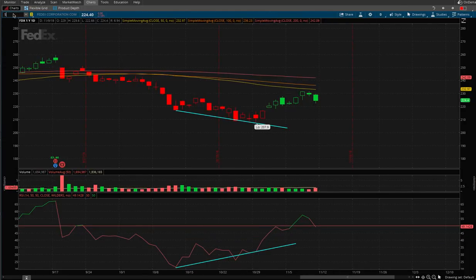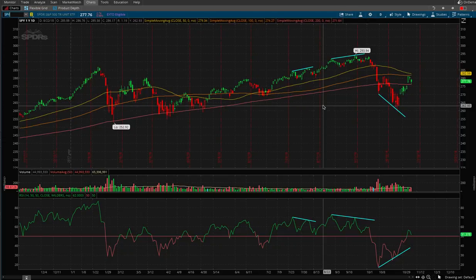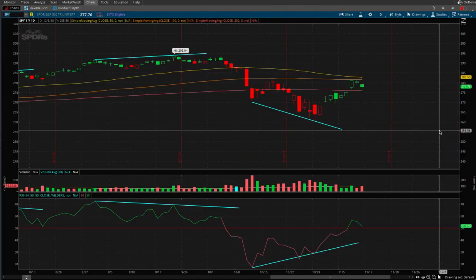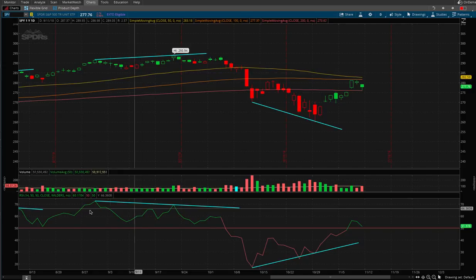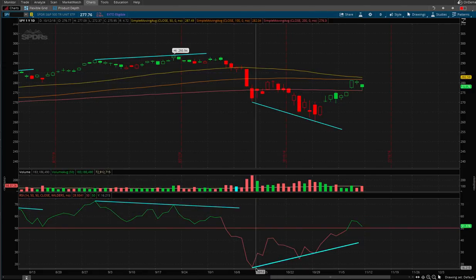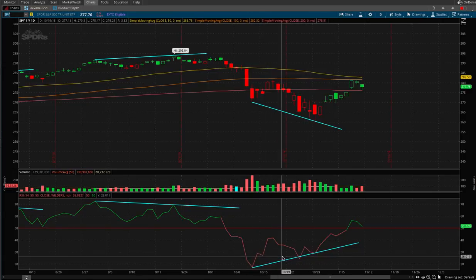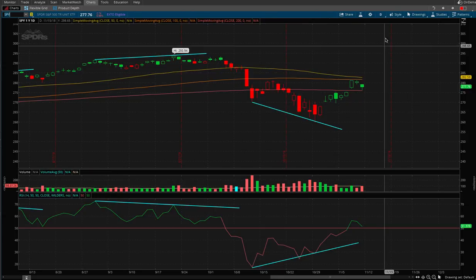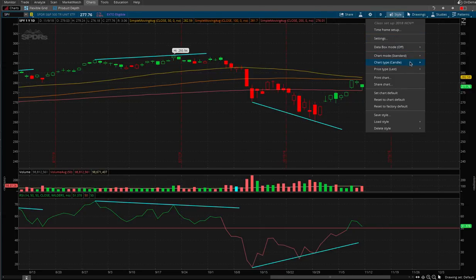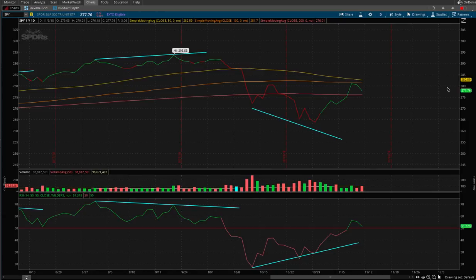I liked it on SPY specifically because we could see the top, a bearish divergence, which is this case, and a bullish divergence, which is this case, okay? Very simple to see. If you want to double check it versus your chart, just go to the line chart and see, okay, is my line chart of my stock diverging from my RSI?